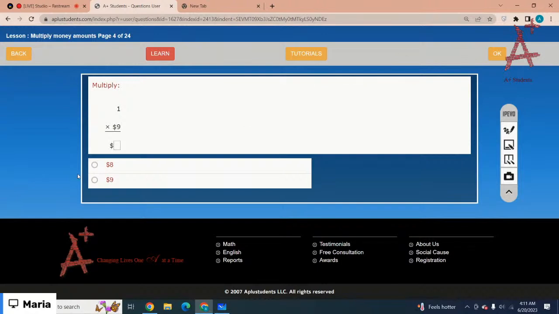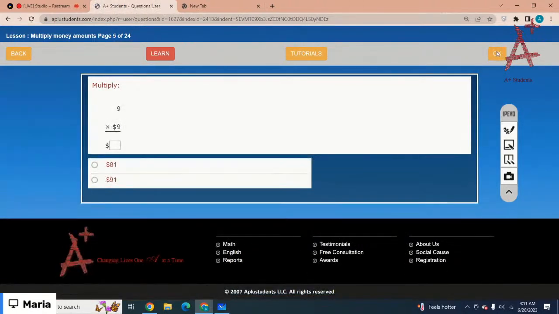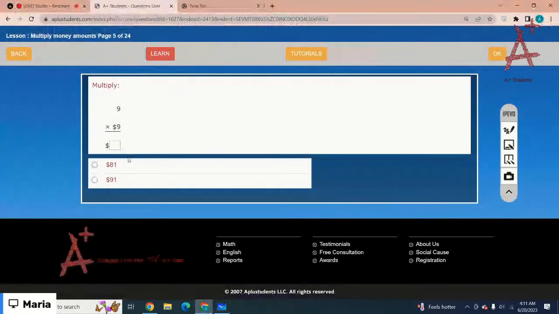Yes, 1 times any number makes the same number. Got it? So it would be 9. Okay, the next one is 9 times 9. You have to count a table of 9 until 9. So 9 times 9 makes 81. So the correct option is $81. Got it?